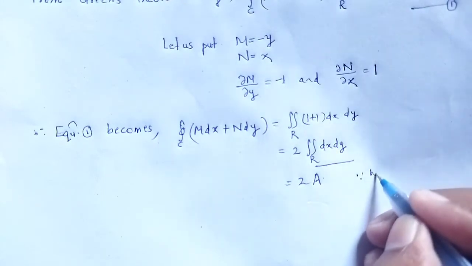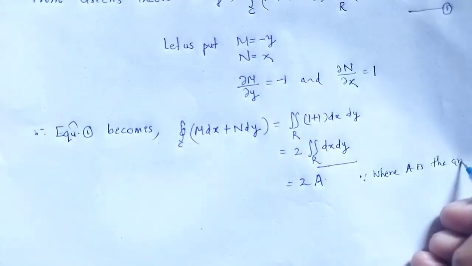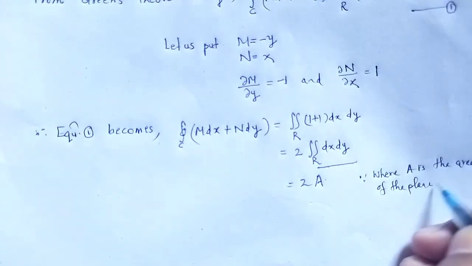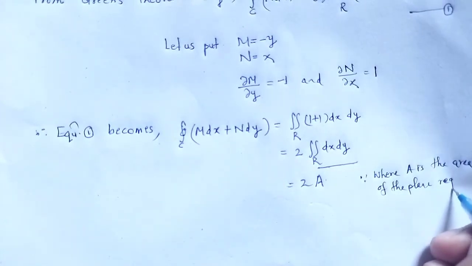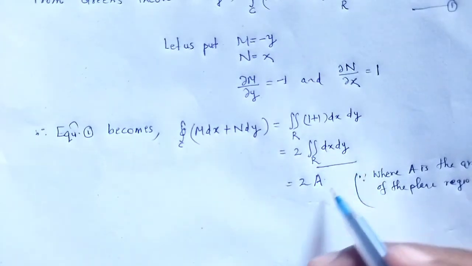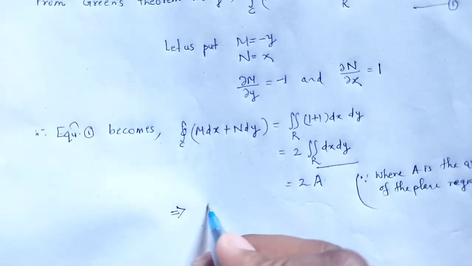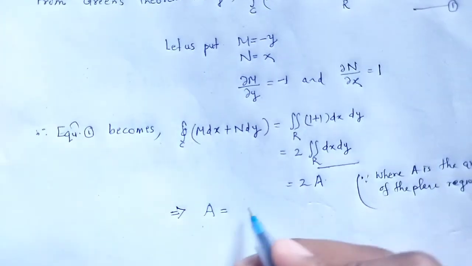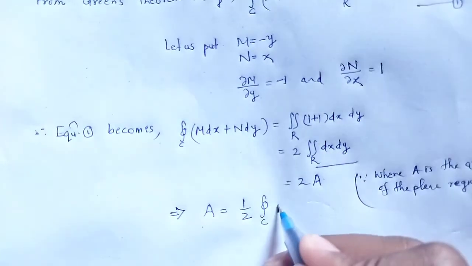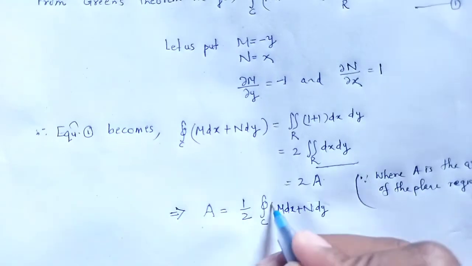We can write A is the area of the plane region. That's why the double integration over R dx dy is equal to A, which implies the area will be half the line integral over C of m dx plus n dy.